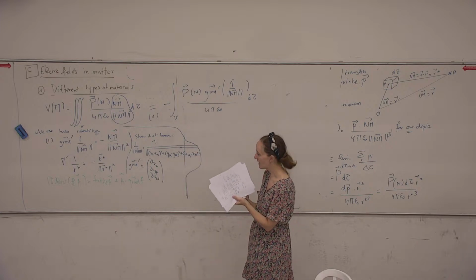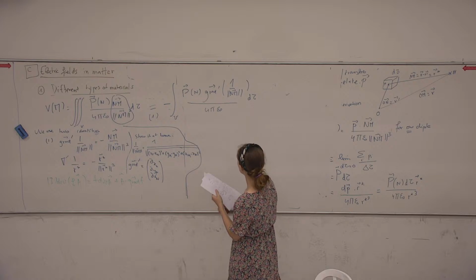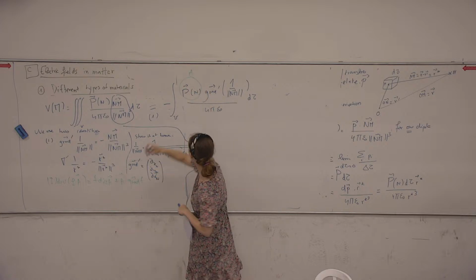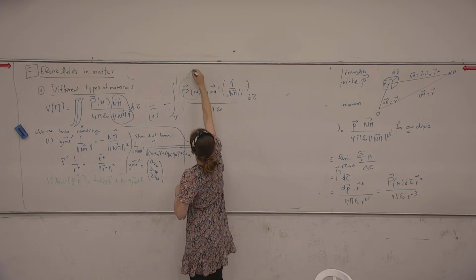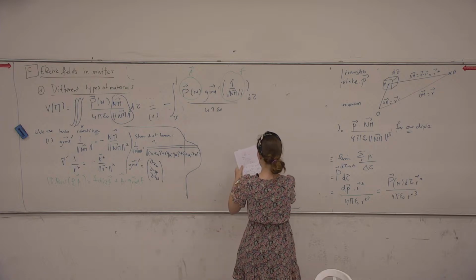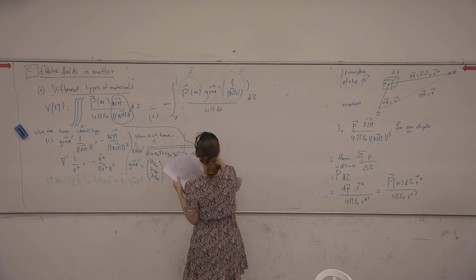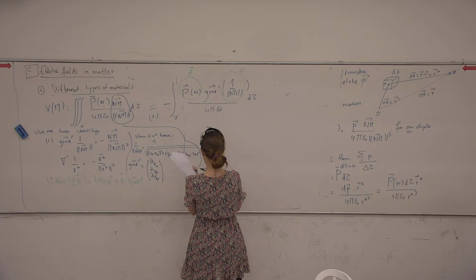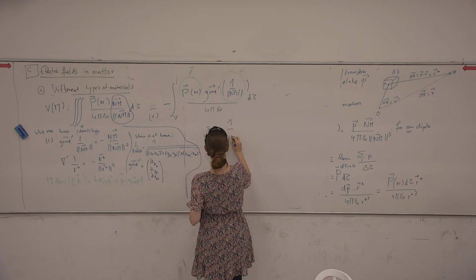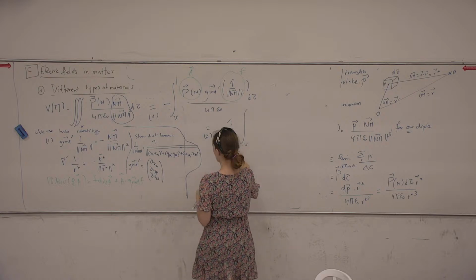Just replacing things. Now I want to use the second one, and so this will play the role of A here, and this will play the role of F. So if I use the second identity, I can replace things by 1 over 4 pi epsilon 0, the integral on the volume.